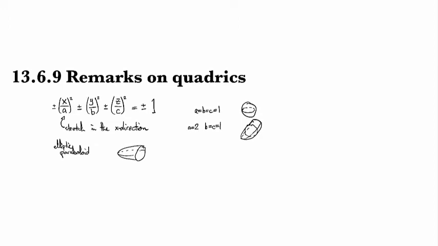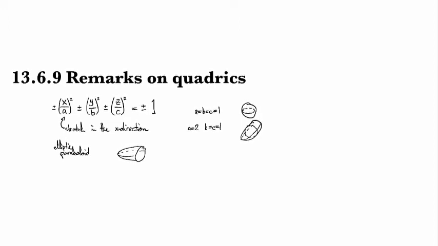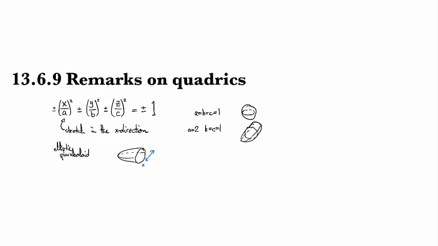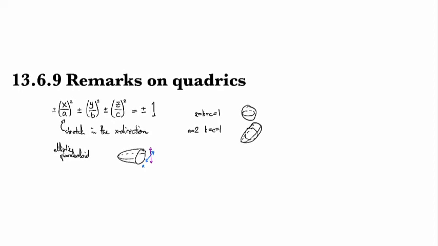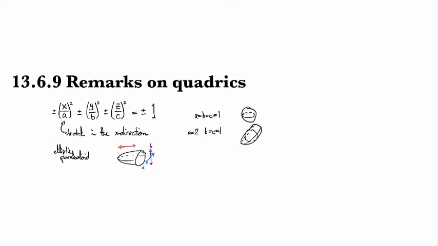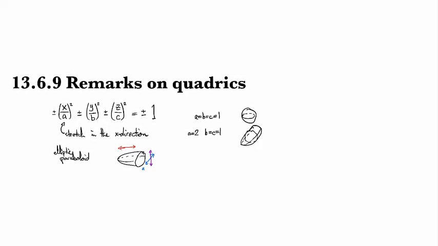Then changing the value of A will change how rapidly it expands in this direction, and changing the value of B will change how much it expands in this direction, and then changing the value of C will change how rapidly the thing opens. Oh, I'm sorry, I said A, B, and C, but I picked one that opens in the other direction here.